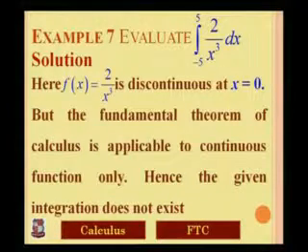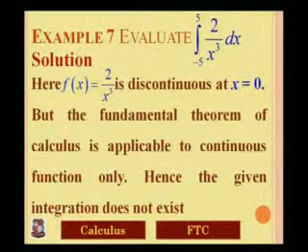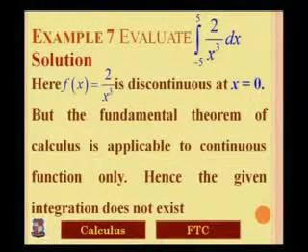That means if x equal to 0, the value of the function f(x) is infinite, which shows that the function f(x) is discontinuous at 0, and so we cannot apply the fundamental theorem of calculus to evaluate this integral, and so this integration does not exist by the fundamental theorem of calculus. It's a counterexample for the fundamental theorem of calculus.